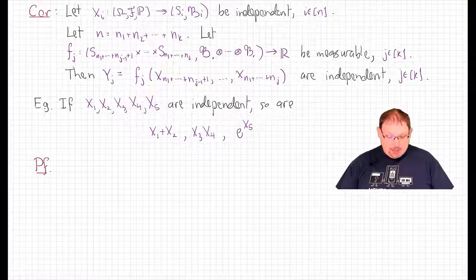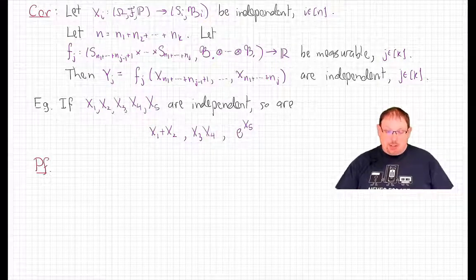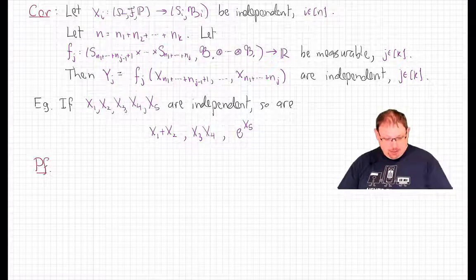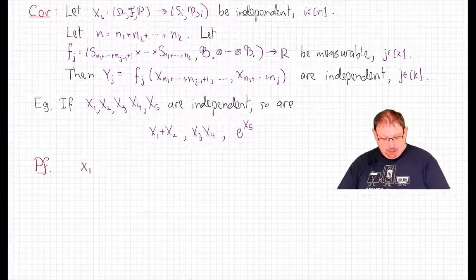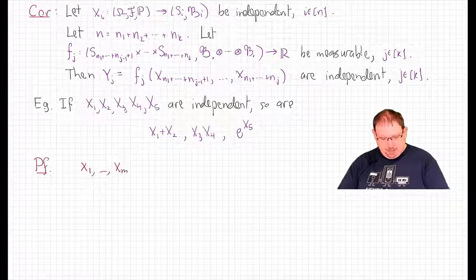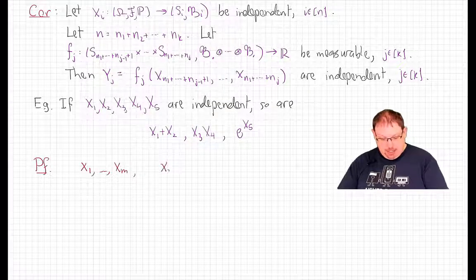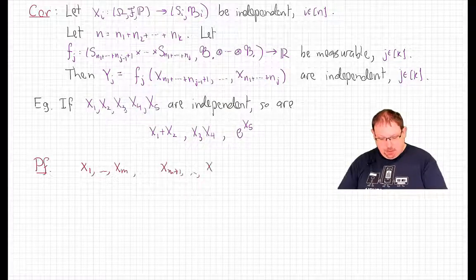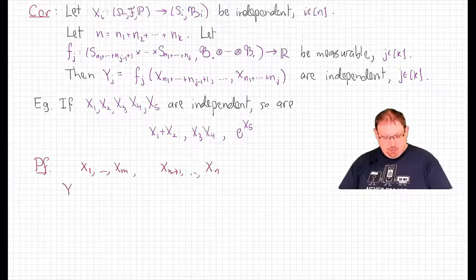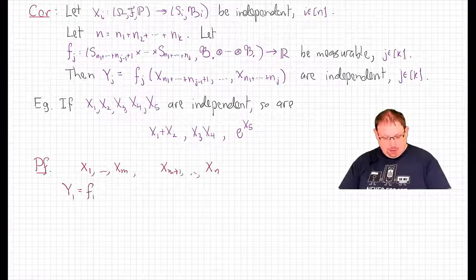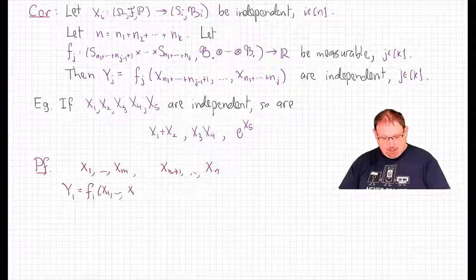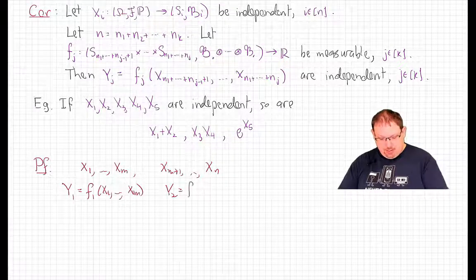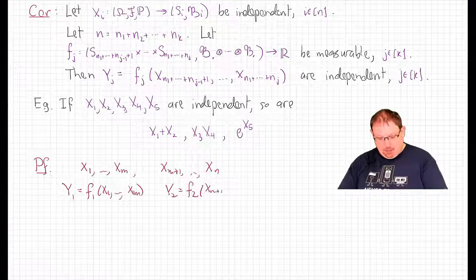Why is that? Well, let's do it again in the special case that we had last time. So let's look at partitioning of X1 through Xm versus Xm+1 through Xn. Let Y1 be some function f1 of X1 through Xm, and Y2 be some function of Xm+1 through Xn.